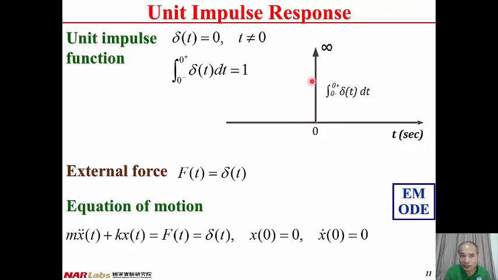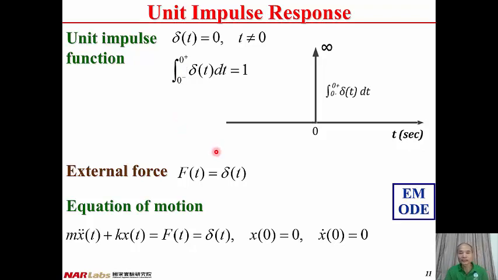And it is an impulse function, so the function here is called the unit impulse function. 0 minus means very close to 0, but slightly to the left of 0, and 0 plus is a little bit to the right of time t equal to 0.